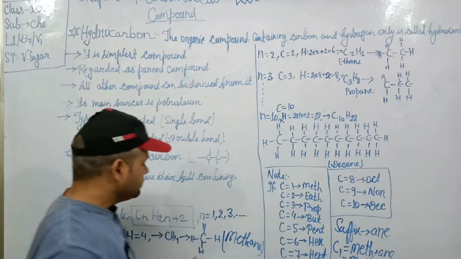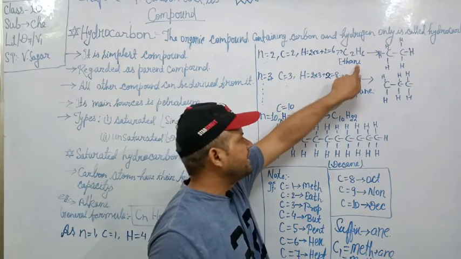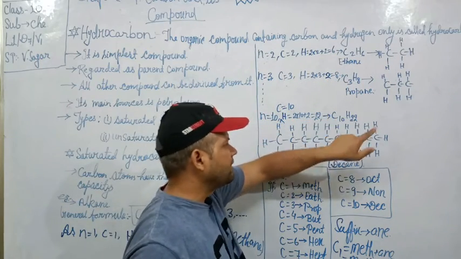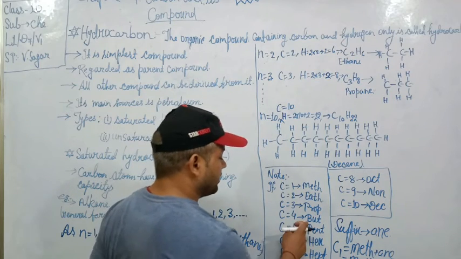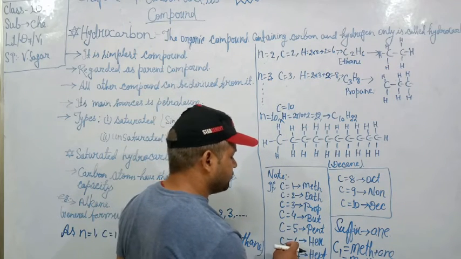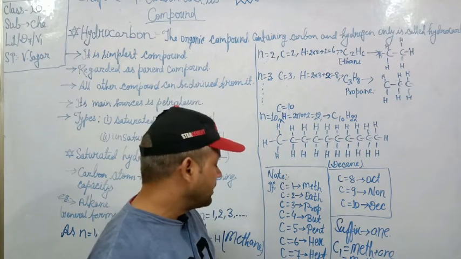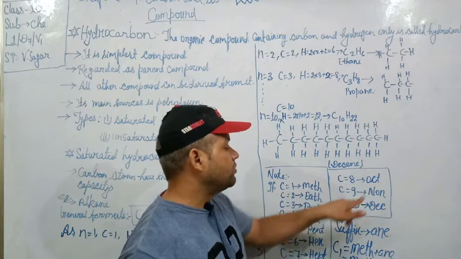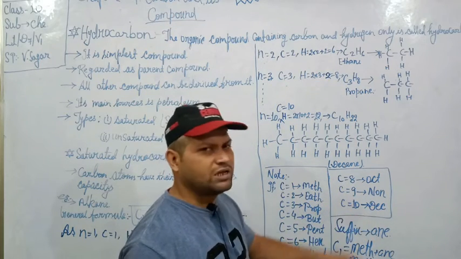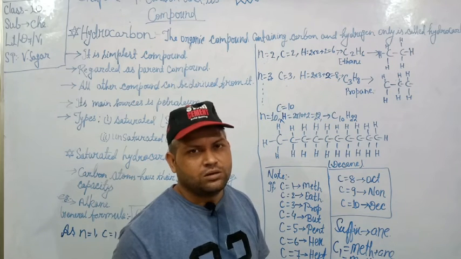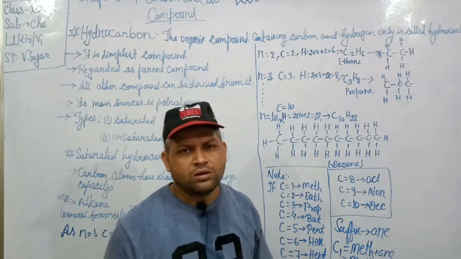So I have used for C is equal to 1 methane, for C is equal to 2 ethane, for C is equal to 3 propane, for C is equal to 4 we use what? Butane, for C is equal to 5 pentane, for C is equal to 6 hexane, for C is equal to 7 heptane, for C is equal to 8 octane, for C is equal to 9 nonane, and for C is equal to 10 decane. These are the things you just have to remember.